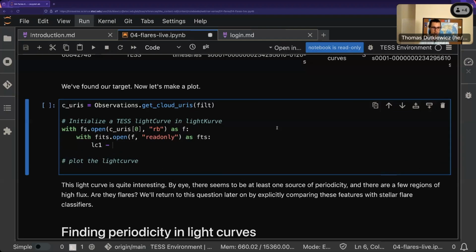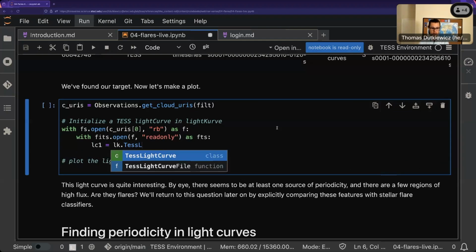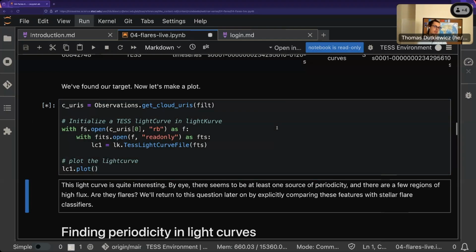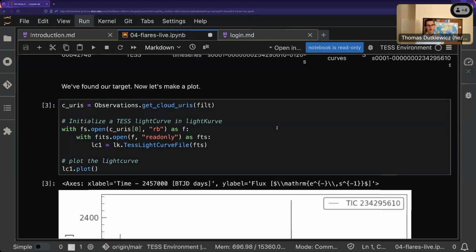And we'll say lightkurve1 is, okay, TESS lightkurve file, pass in hdus. Cool. We'll do a quick lc1.plot to make sure that checks out. And indeed it does.